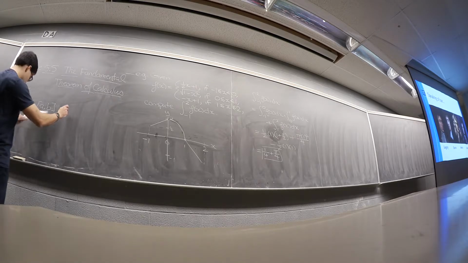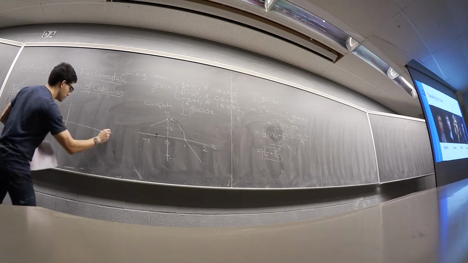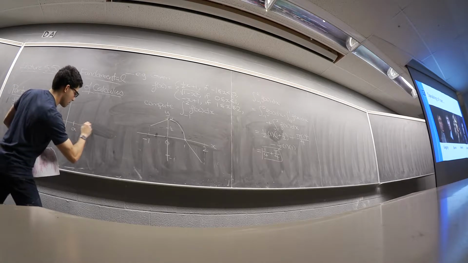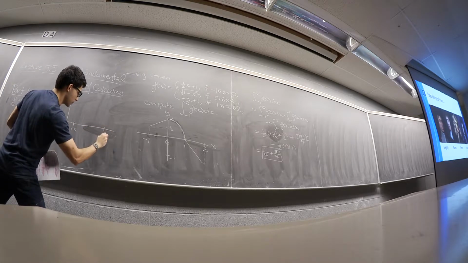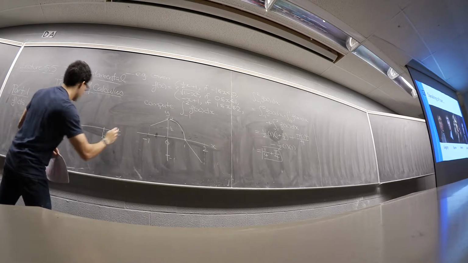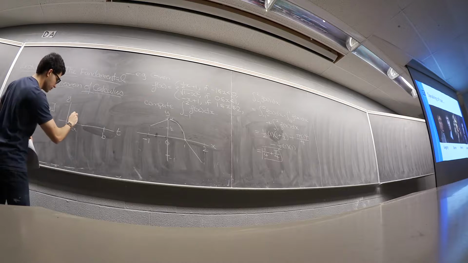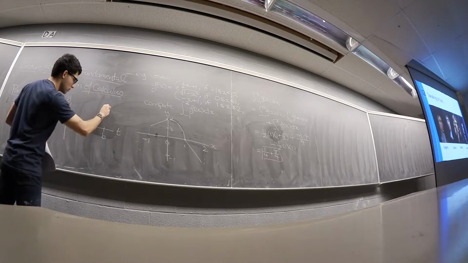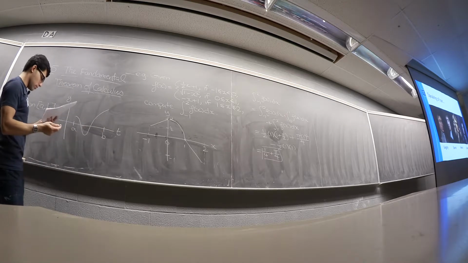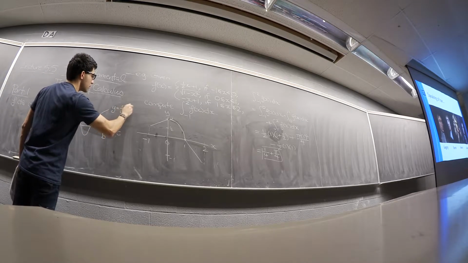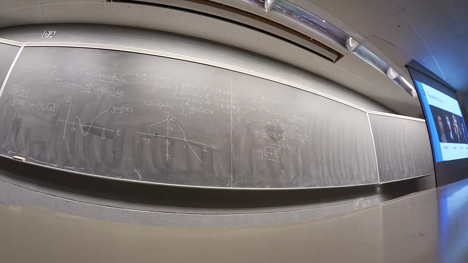Okay, let's draw this guy. A to B. Okay, it doesn't have to look like that. It's your graph of f.